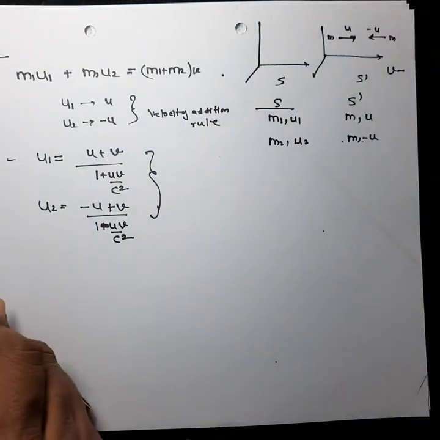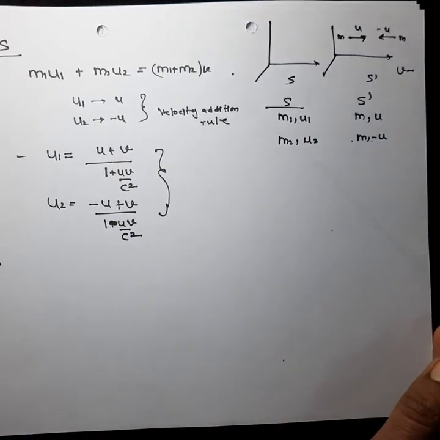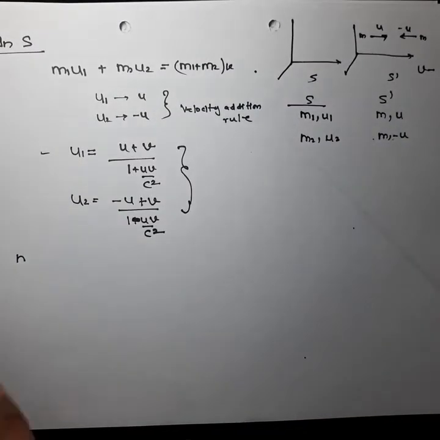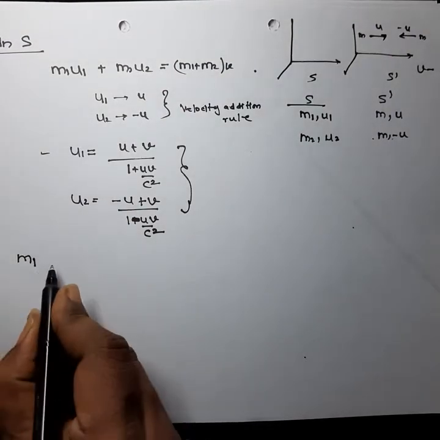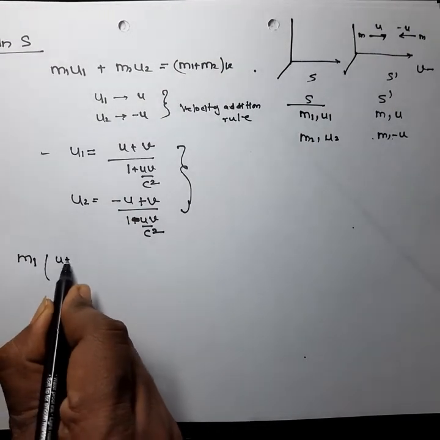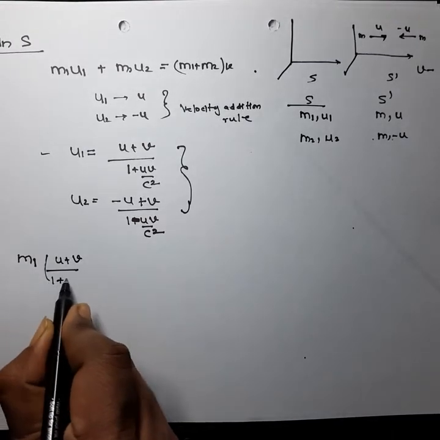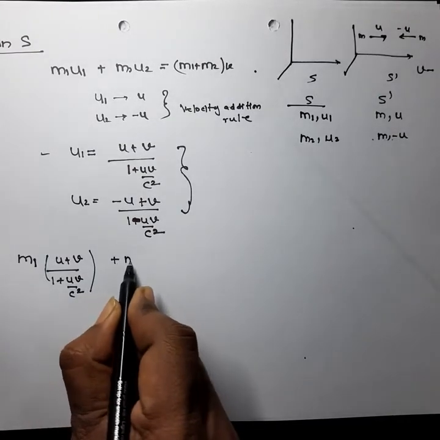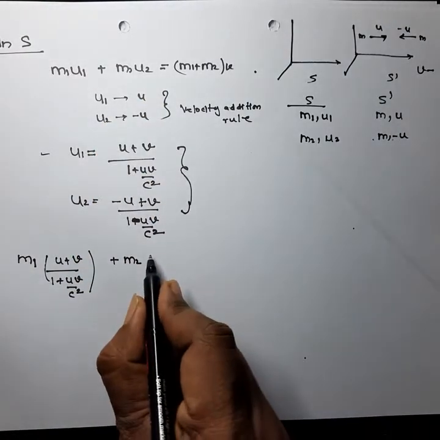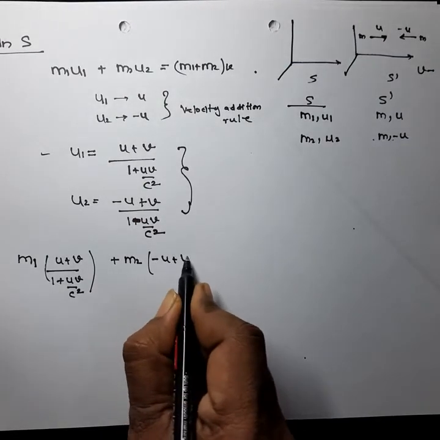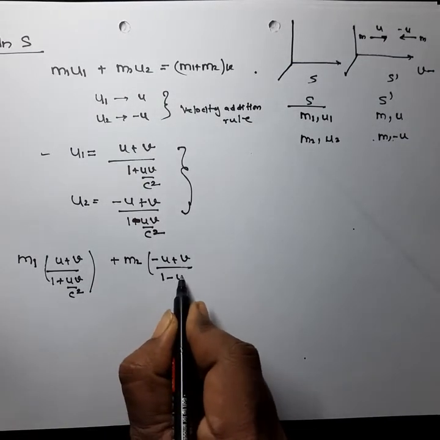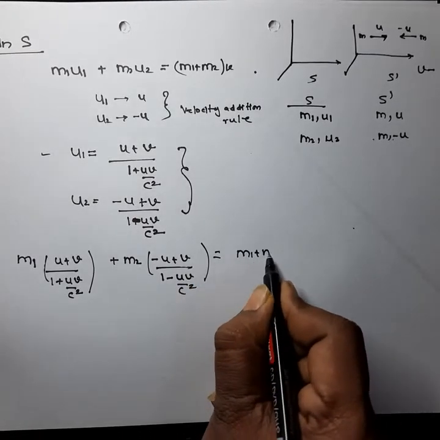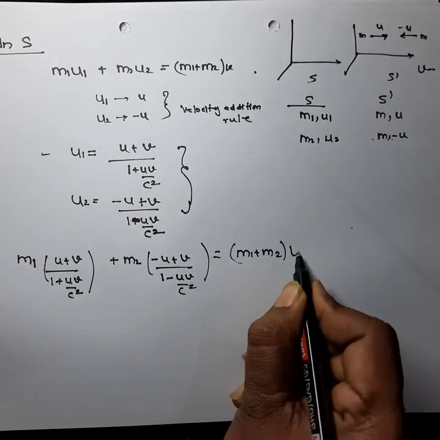So we will get m1 into u plus v divided by 1 plus uv by c square, plus m2 times u2, which can be written as minus u plus v divided by 1 minus uv by c square, equal to m1 plus m2 multiplied by v.